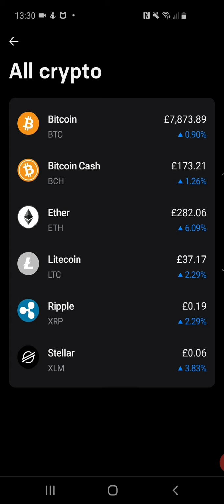So you can see recently blue across the board, which means prices have been increasing over the last few days, but I can tell you from personal experience that there has been a bit of a pullback over the last couple of weeks. Certainly Bitcoin and Ethereum pulled back quite strongly.